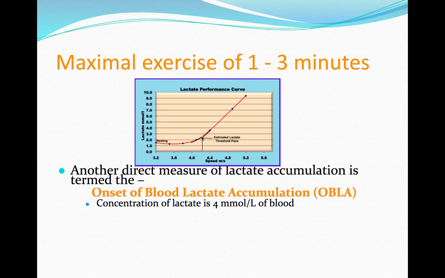Now, personally, I much prefer the lactate threshold measurement because you can evaluate the data and get a much more accurate picture of where someone's lactate begins to accumulate. But some individuals also like to look at what pace they hit 4 millimoles. That's a little bit faster here than lactate threshold, but that is another measurement. But OBLA is always 4.